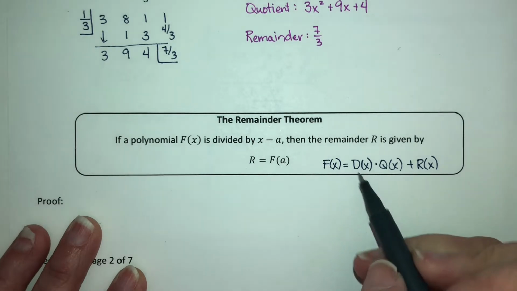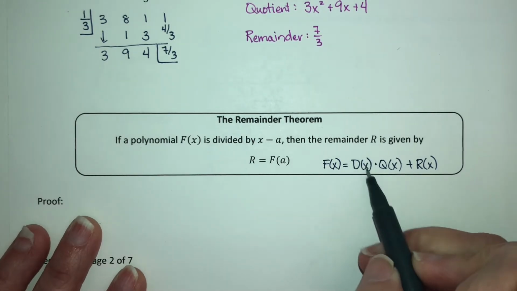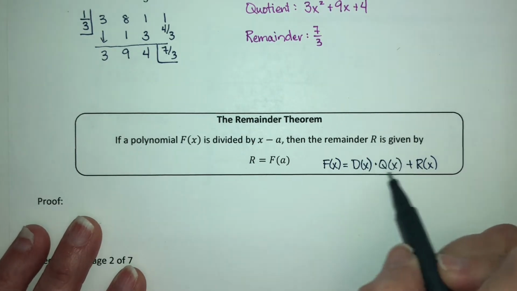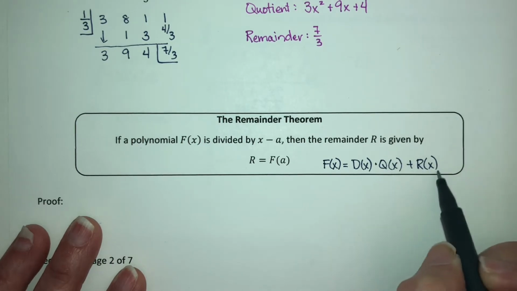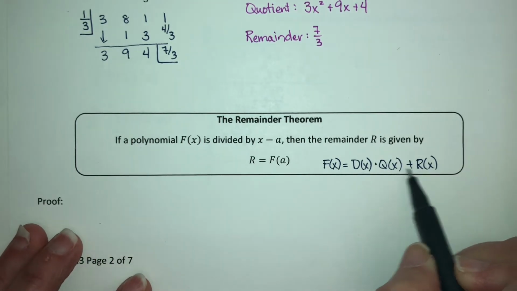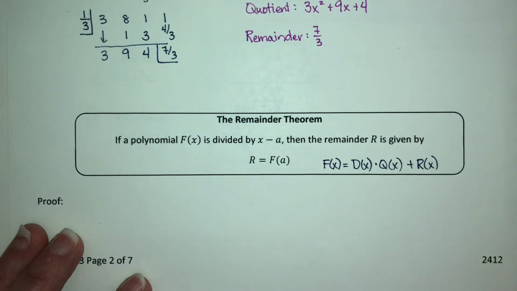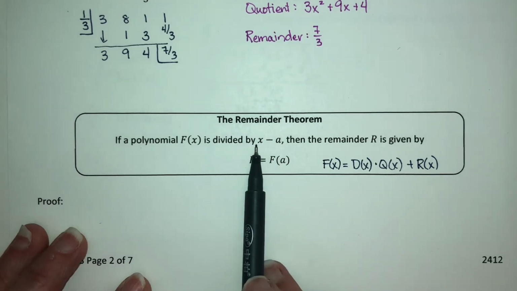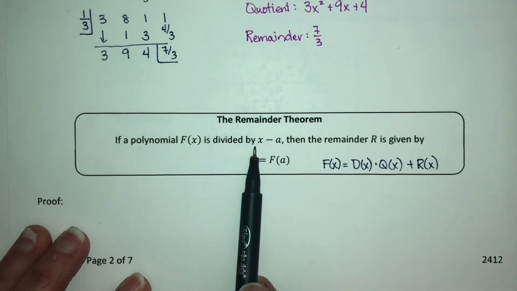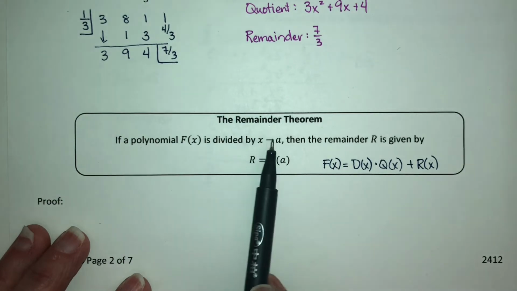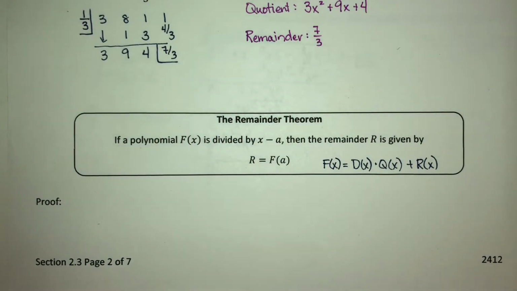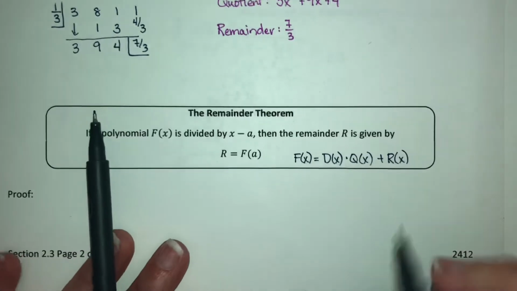So this is what we were dividing by, this is the answer, and here is the remainder. Originally this is r of x because the remainder can be a polynomial. But in this case, since our remainder has to have a degree smaller than what we are dividing by, and this has degree 1, r is going to be a constant.